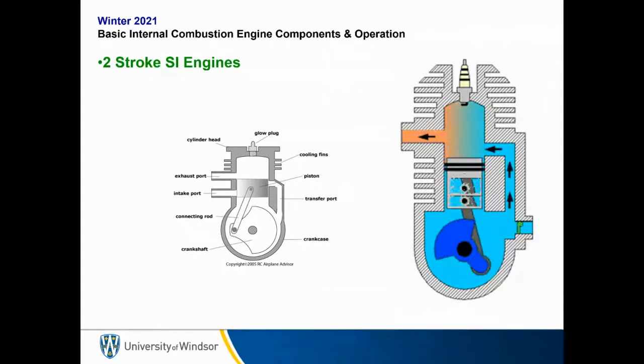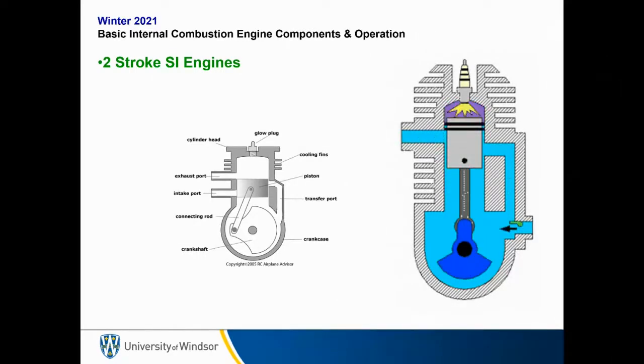Now, as you can imagine, during the compression stroke in a two-stroke, some of your intake fuel and air is going out the exhaust port before anything gets burned. That is why two-stroke engines have much higher emissions, particularly unburned hydrocarbons. The fuel goes straight through the combustion chamber without ever being burned.